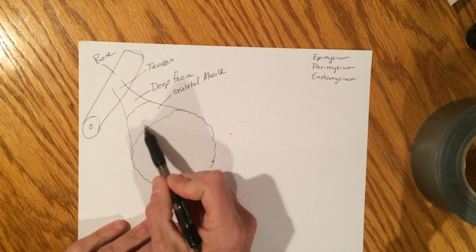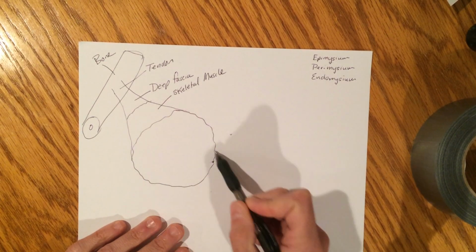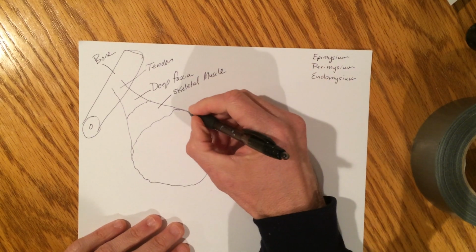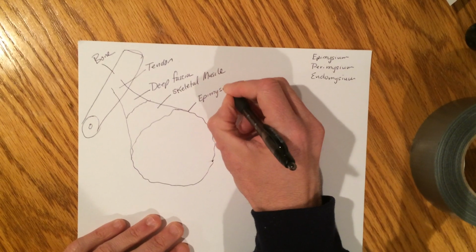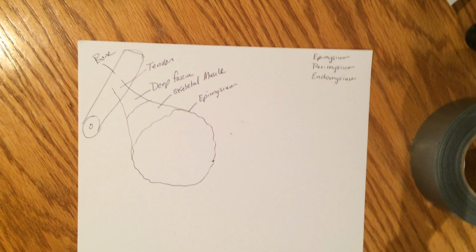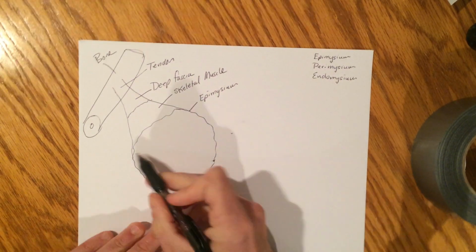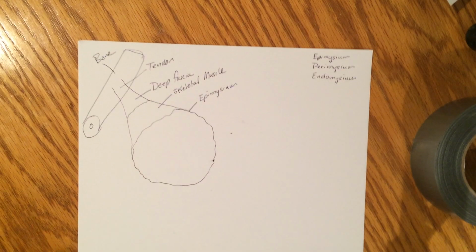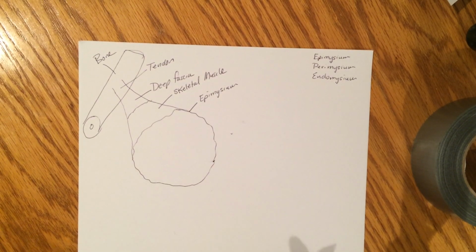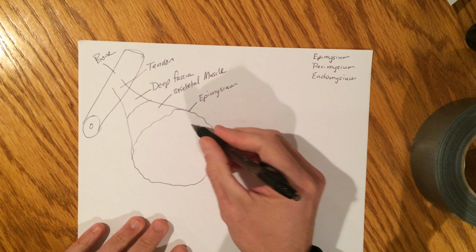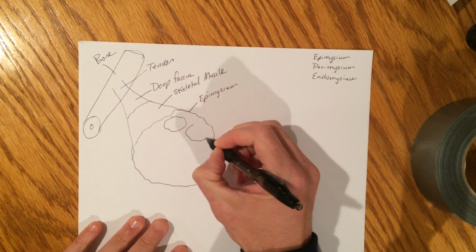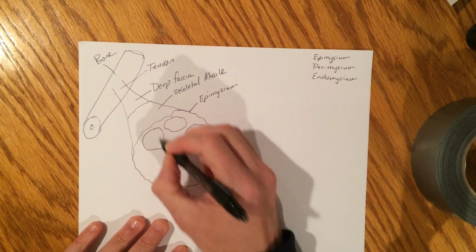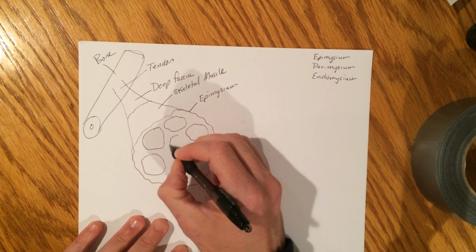Now, on the entire outside of the belly of the muscle is this outer connective tissue called the epimysium. If you want to look at that in more detail, you can look that up on the internet. So that's surrounding the entire muscle, the whole thing. Now, when you dive into this muscle microscopically and functionally, because you have to have control, keep that in mind as we go, this muscle is going to be subdivided into functional units.